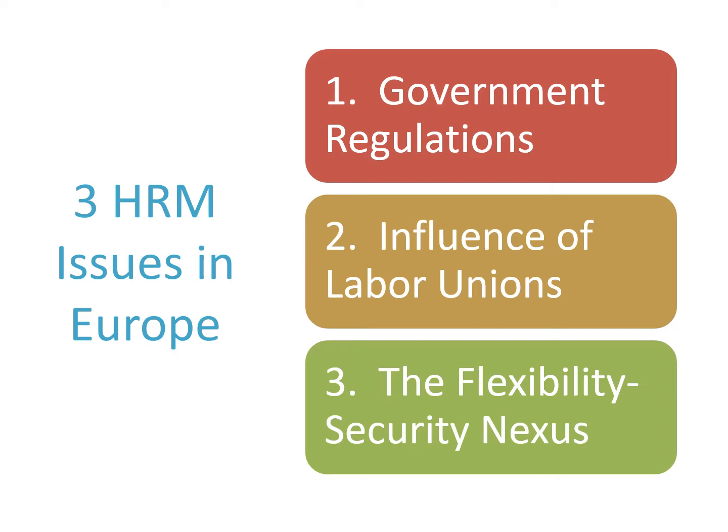Every area has issues in human resources management. Europe specifically has 3. One being government regulations, the next being influence of labor unions, and the third, the flexibility security nexus.